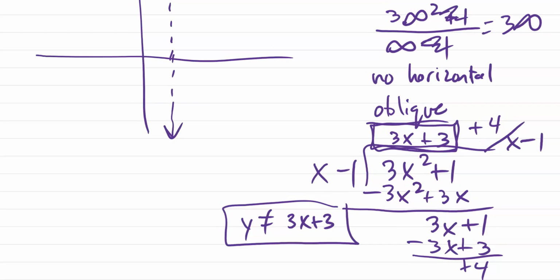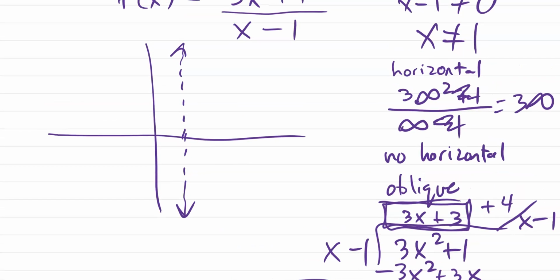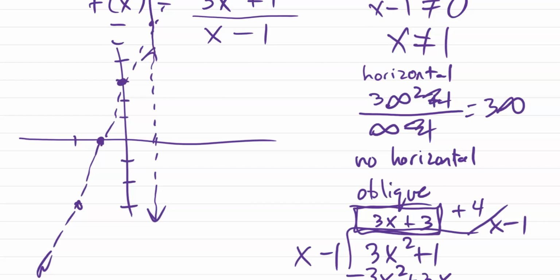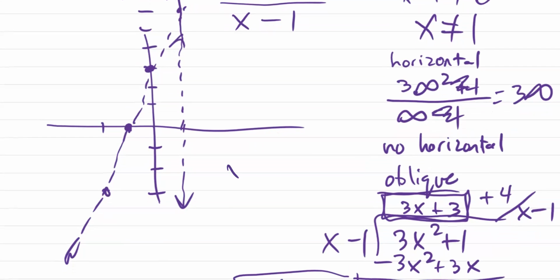What does that look like? It has a y-intercept of 3. It has a slope of 3 over 1. And then we need to check the region. So let's check x equals 0.